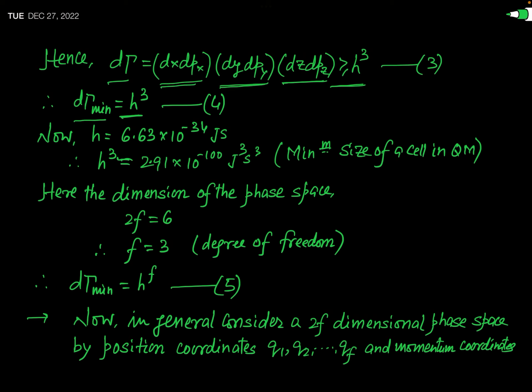The value of Planck's constant h is 6.63 times 10 to the power minus 34 joule second. What will be the value of h cube? When you find it, you get 2.91 times 10 to the power minus 100 joule cube second cube. You can imagine the actual effective value of this number.